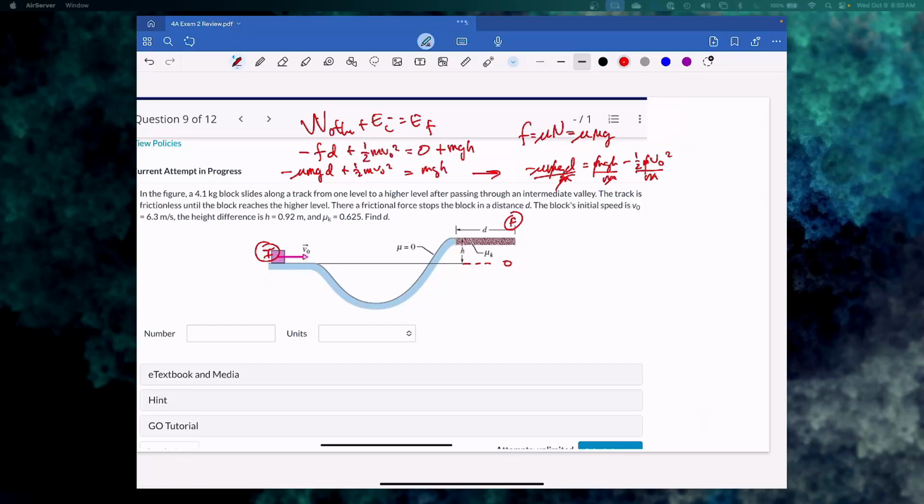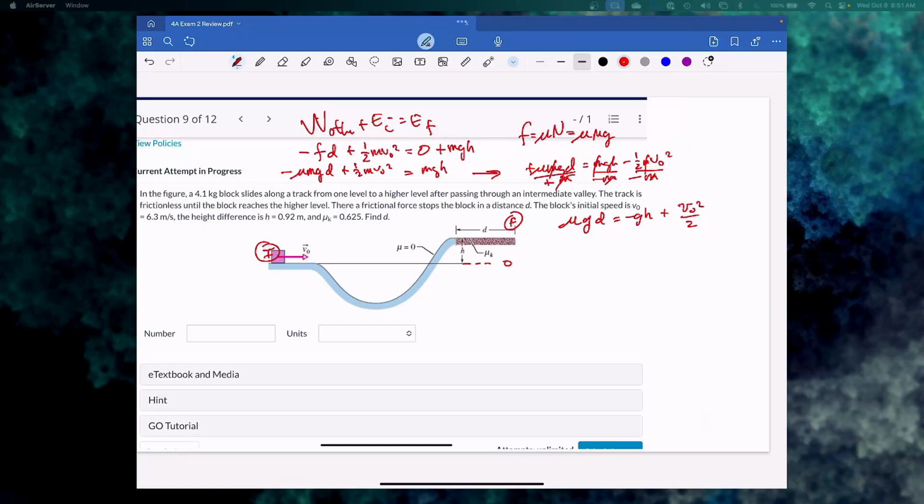Okay, so I'm going to divide everything by a minus sign to get rid of those minus signs. What am I left with? That's mu times g times d equals negative gh plus v naught squared over 2. I just moved the 1/2 down there for some reason.